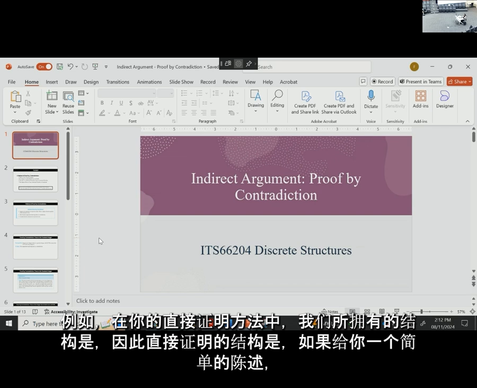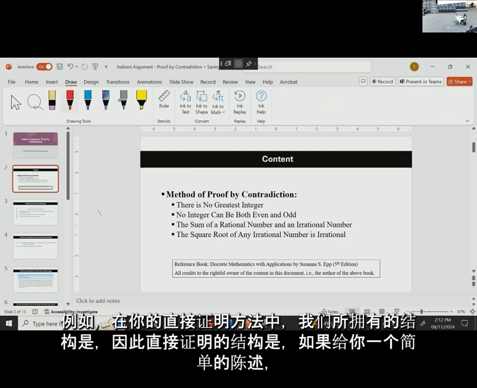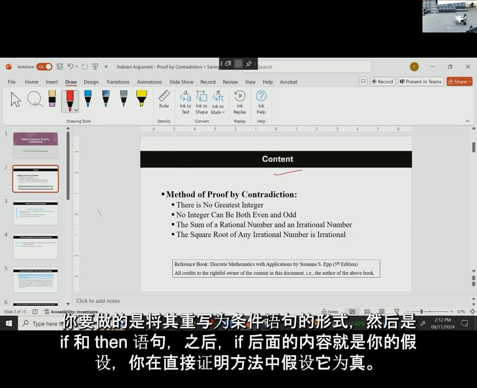For example, in your direct proof method, the structure is that if a simple statement is given to you, you rewrite it in the form of a conditional statement, an if-then statement.